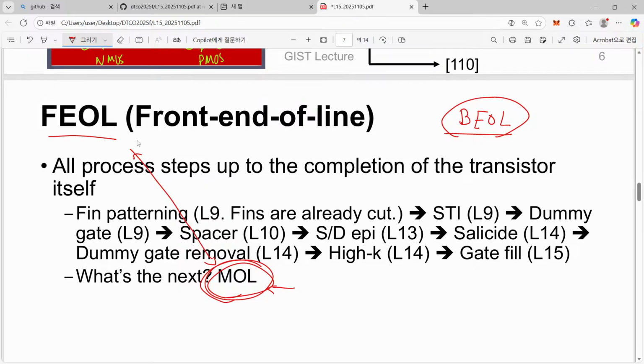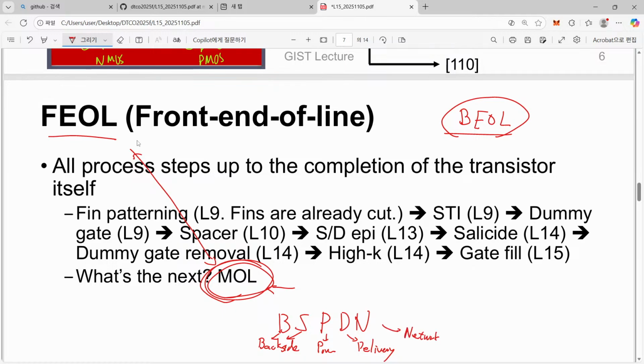So also maybe you have heard about this keyword. I'm not quite sure you have heard about this one, backside power delivery network.